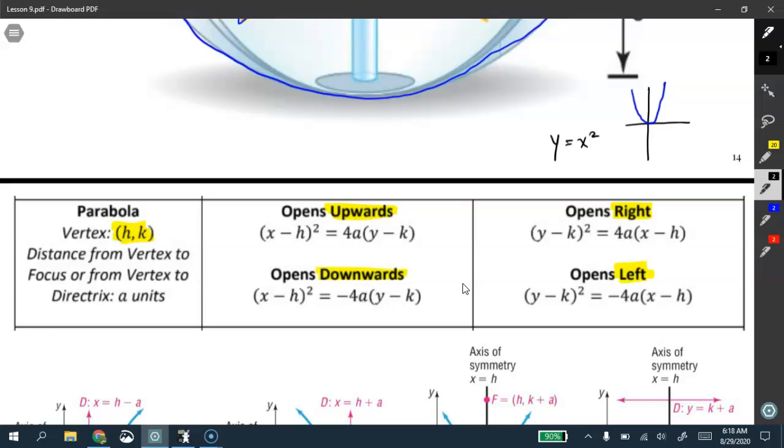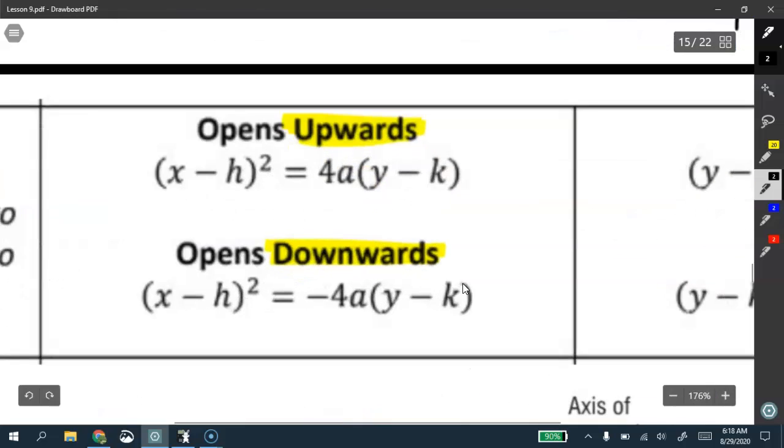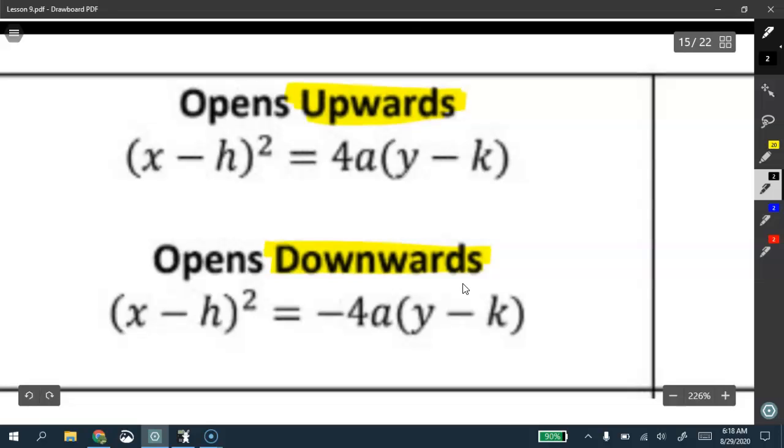If you look at the ones for upward and downward, you'll notice that they both have the x minus h term squared. So the x minus h term has a square on it for both of them.